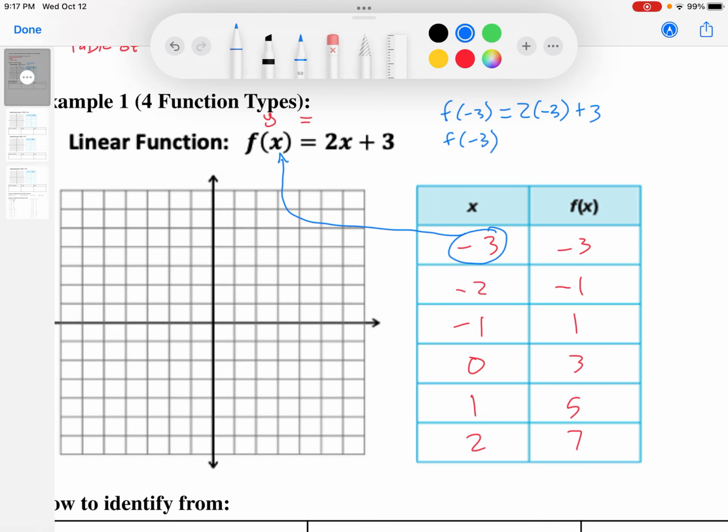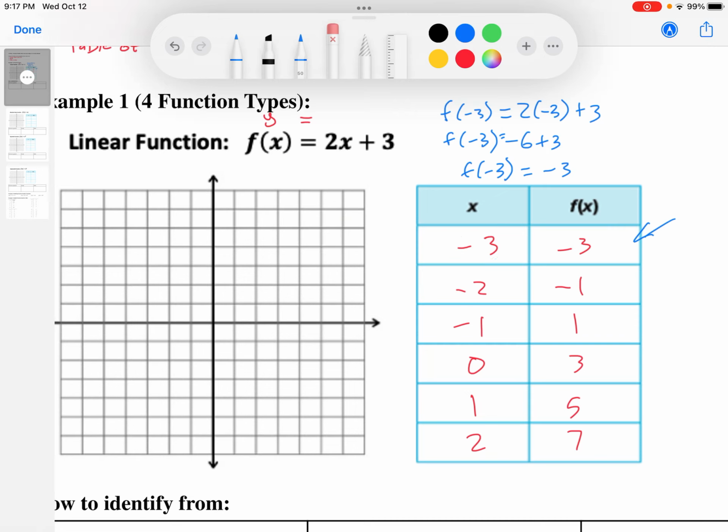You would then evaluate it, and sure enough, as an output, you would get -3.